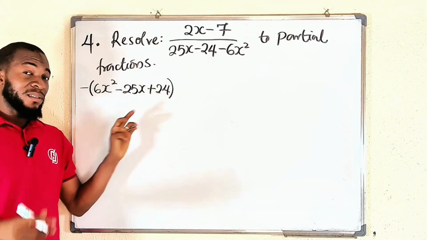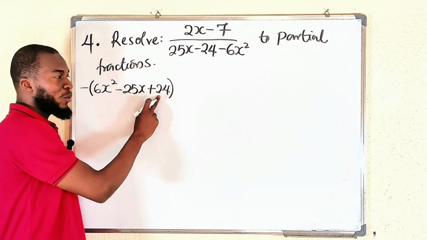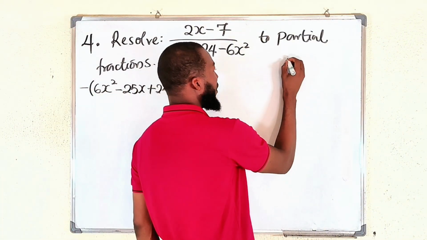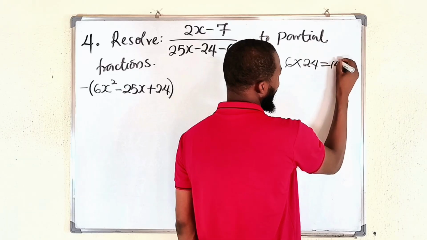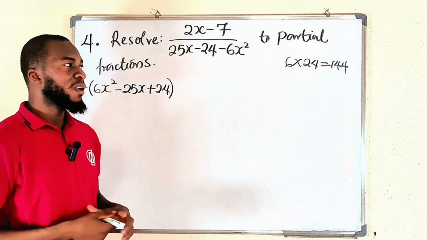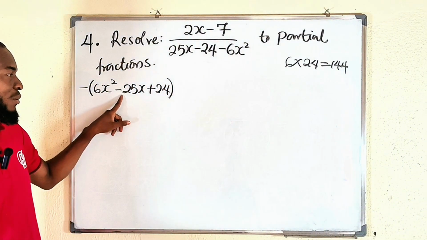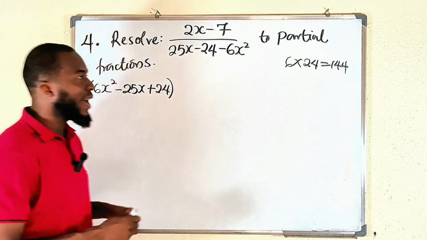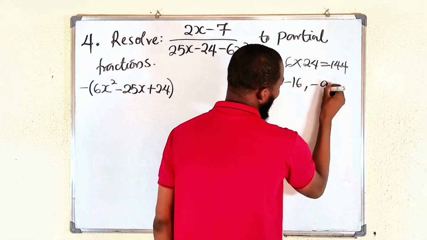To factorize this, if at all it is factorable, you can take 6, which is the leading coefficient, multiply by the constant. So we have 6 times the constant, which is 144, right? Then two numbers you can multiply together to get 144, and once you add them together, you get negative 25: negative 16 and negative 9.